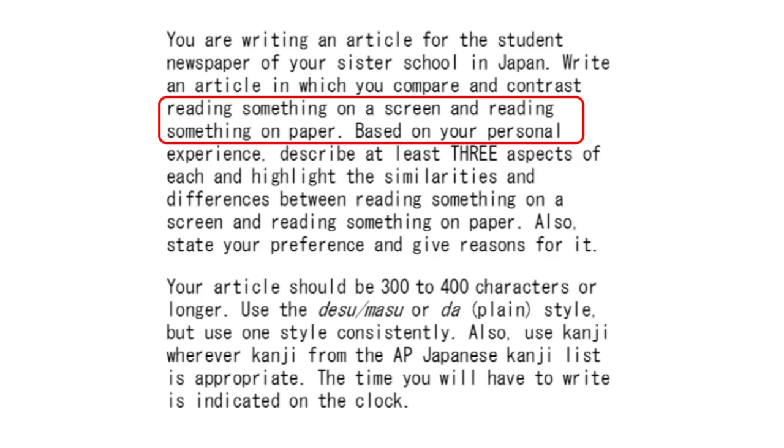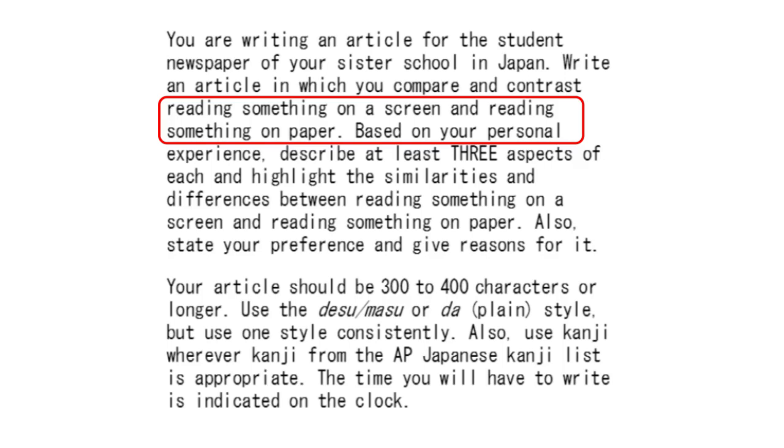So it has nothing to do with Japanese culture, and a lot to do with American high school students' activities or behaviors. For example, reading something on a screen, digital reading, versus reading something on paper, like paperback or any kind of printed material.